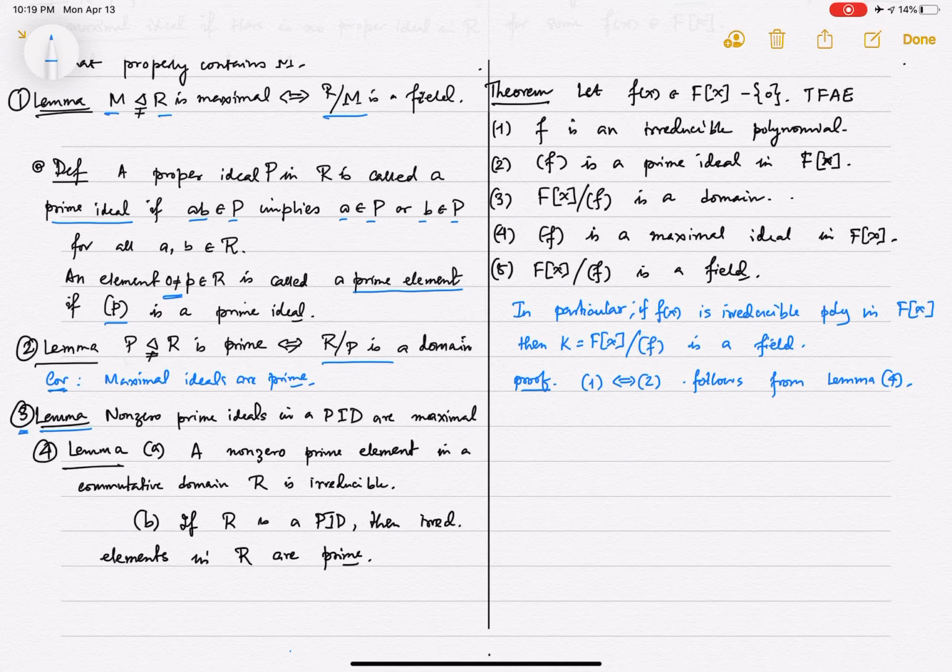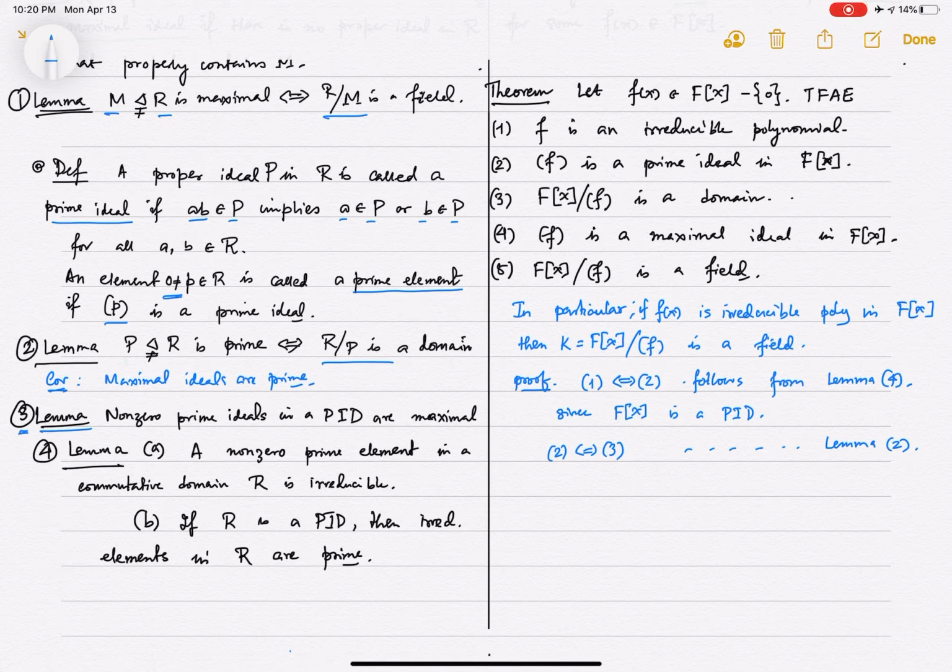Irreducible polynomials exactly are the irreducible elements in F[x]. And irreducible elements are the same as prime elements because you are in a PID. Okay. The equivalence of 2 and 3 is just the recognition lemma for prime ideals, lemma 2, right?